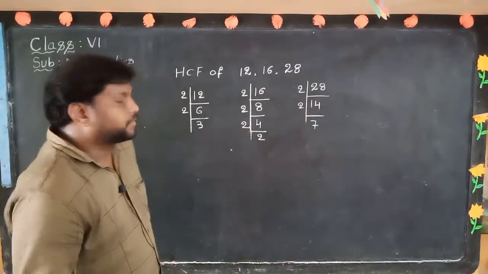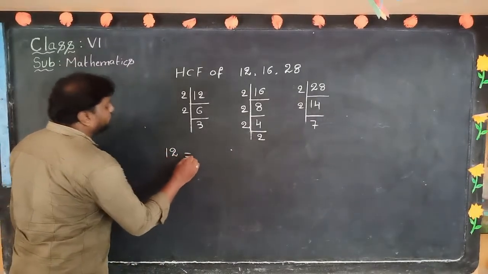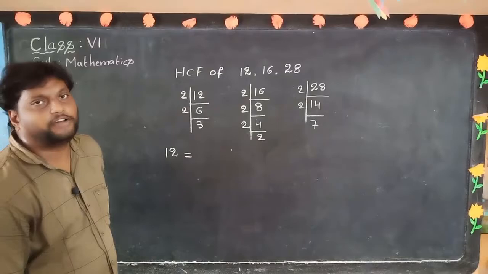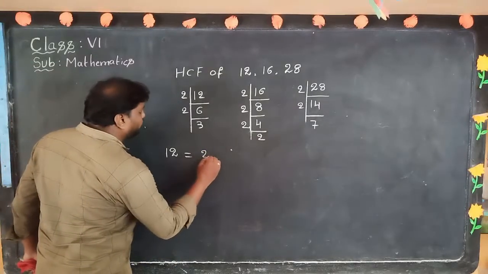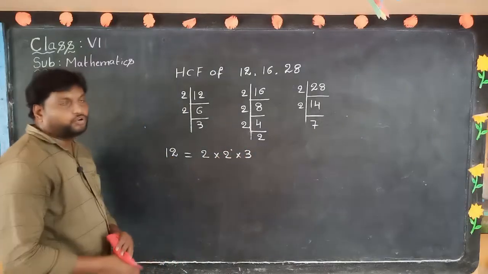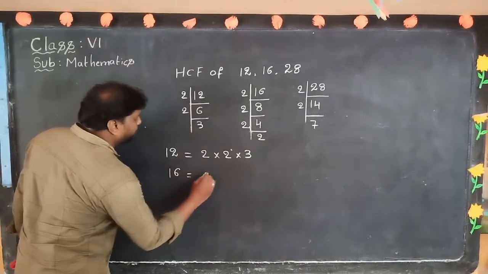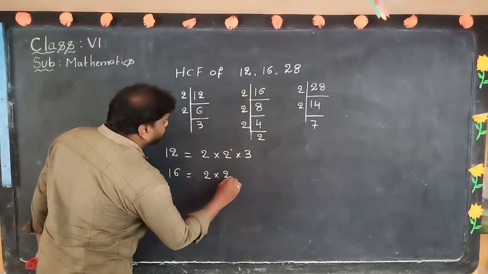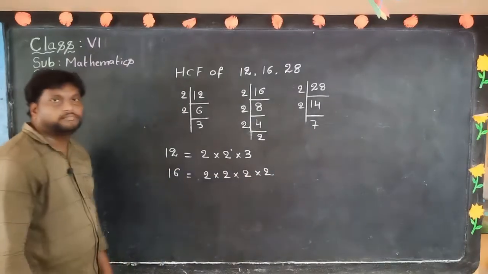Okay. Now 12. How to write it as the product of prime numbers? 12 is 2 into 2 into 3. Next, how to write 16 as the product of prime numbers? 2 into 2 into 2 into 2.